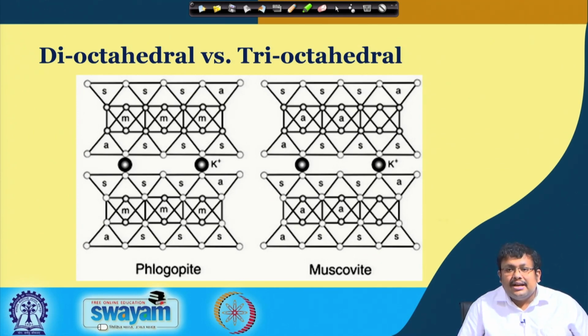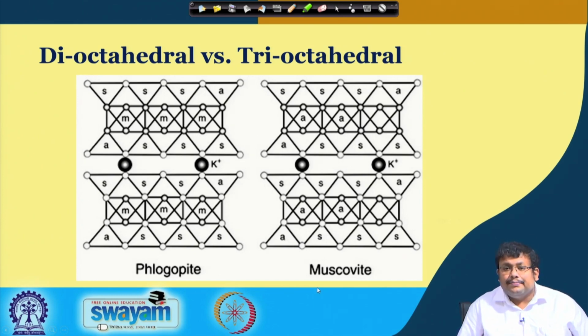An example is phlogopite. And remember one thing, that if there is a divalent cation present like magnesium, then it will give this trioctahedral structure. And if 2 out of these 3 octahedral positions are filled due to the presence of aluminum, that is Al3+, then we will see this is a dioctahedral structure. So, this is called a trioctahedral structure, this is a dioctahedral structure.